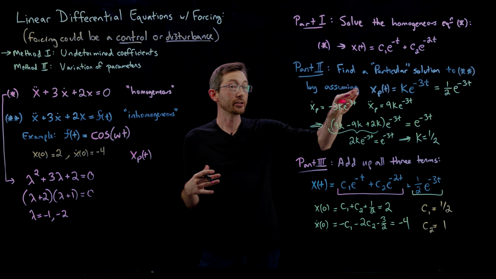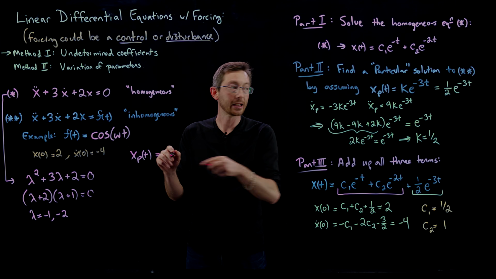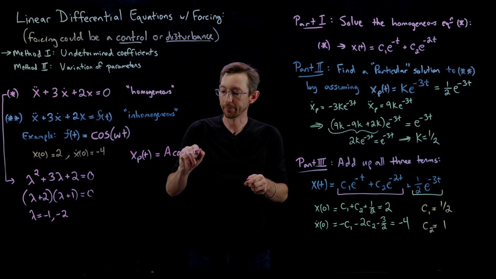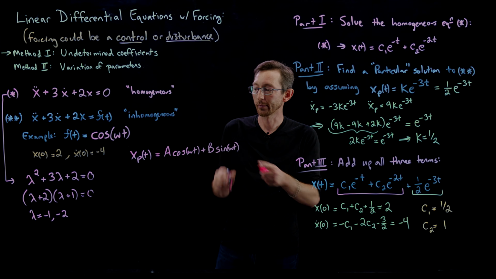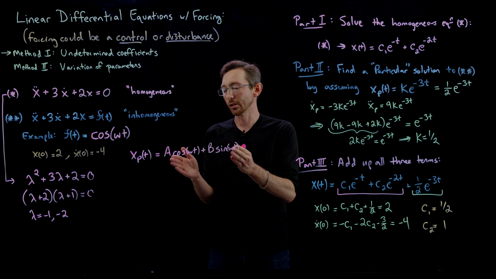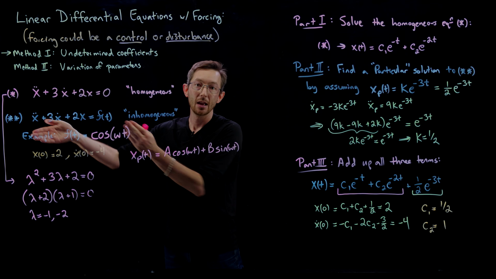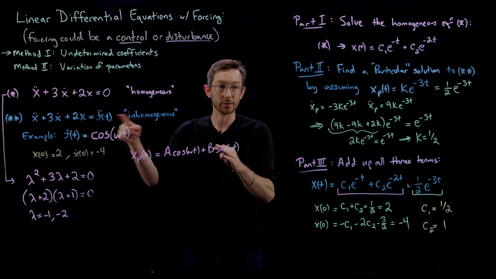So in my method of undetermined coefficients, if my forcing is a cosine, I'm going to need to have some constant a times cosine omega t plus some constant b times sine omega t. And you're going to plug this whole thing into your expression here, and then solve for a and b so that it all adds up to equal cos omega t.